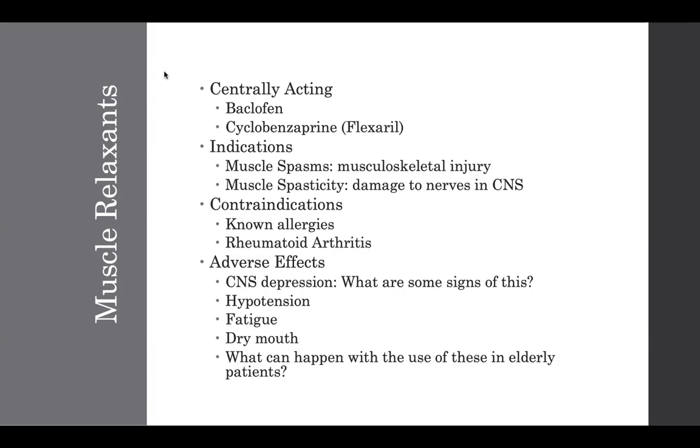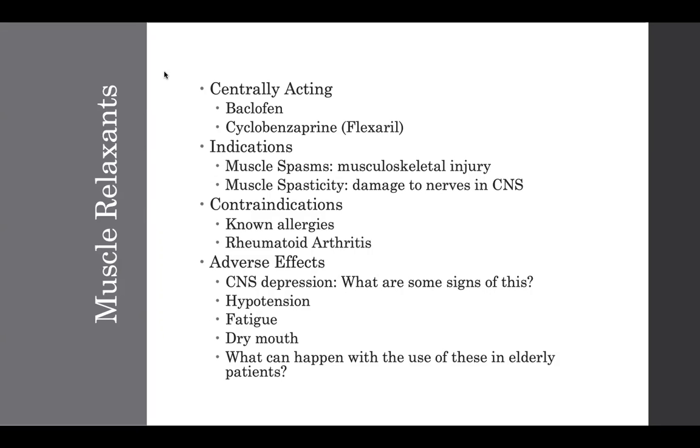Yep. Sedation. Not so much low BP as a result of CNS depression, but that can be an adverse effect for this medication. So it's going to be those changes to level of consciousness that you're going to be looking for. You can also have dry mouth. Yes, lethargy is one of those too.